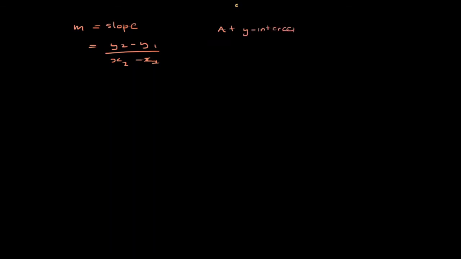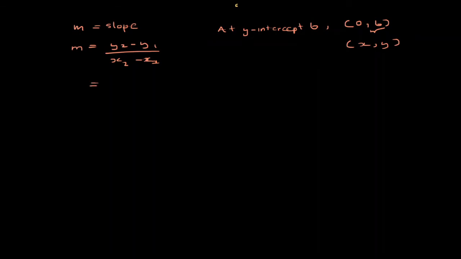We also know that we have some y-intercept b, at the point (0, b). And we also have some arbitrary point on the graph, (x, y).